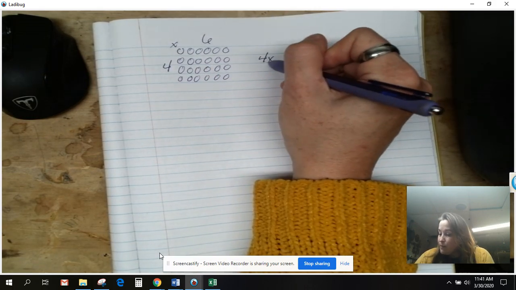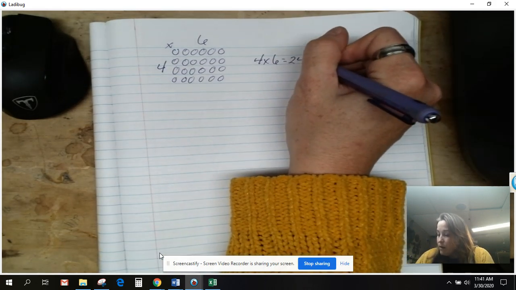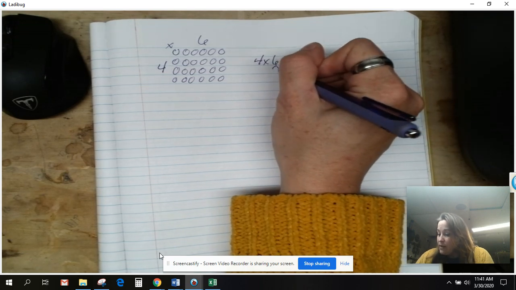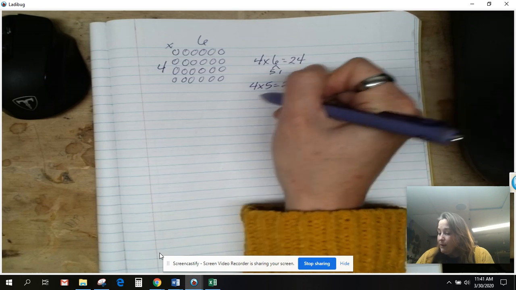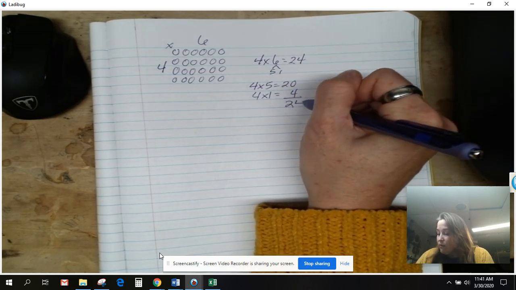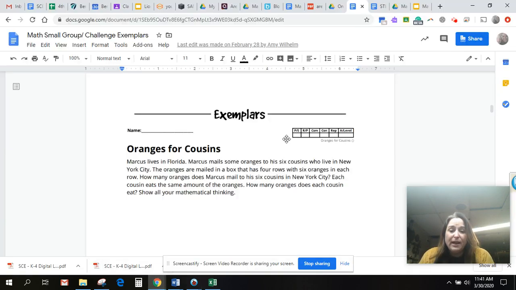So using the multiplication facts that we know, 4 times 6 is 24. For those of you who are still struggling with your sixes, we could also break this up into 5 and 1, and we know 4 times 5 equals 20, and 4 times 1 equals 4, so 24. So looking back at our problem, the first question that it asked was, how many oranges does Marcus mail to his 6 cousins in New York City?